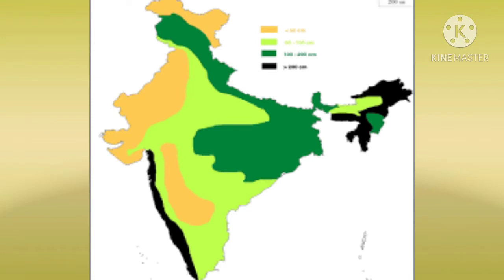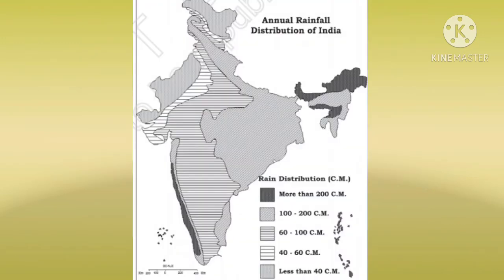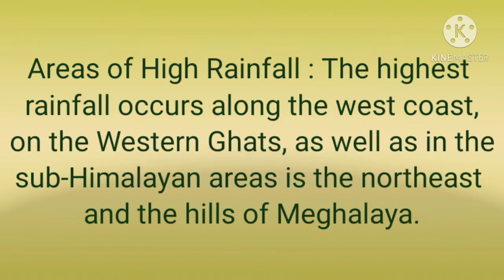Second is the area of medium rainfall where the rainfall is between 100 to 200 cm. Third is the area of low rainfall where the rainfall is between 50 to 100 cm, and the fourth is the area of very low rainfall where the rainfall is less than 50 cm.